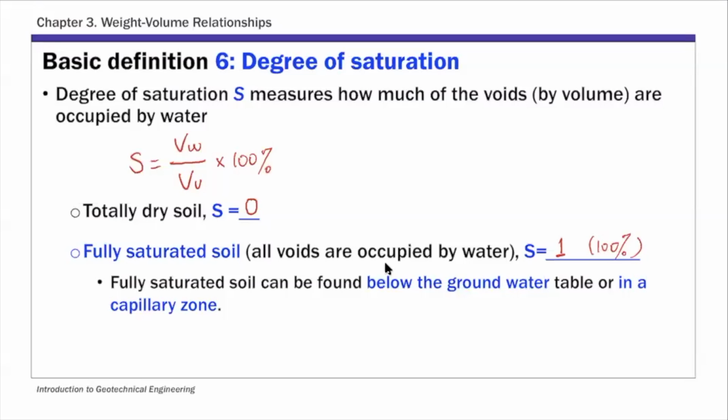Okay, so these are the 6 basic definitions of weight-volume relationship problems. And those are the definitions I think you should memorize, you should remember. So these are different ratios. And all the rest can be derived by knowing these 6 definitions and the phase diagram.